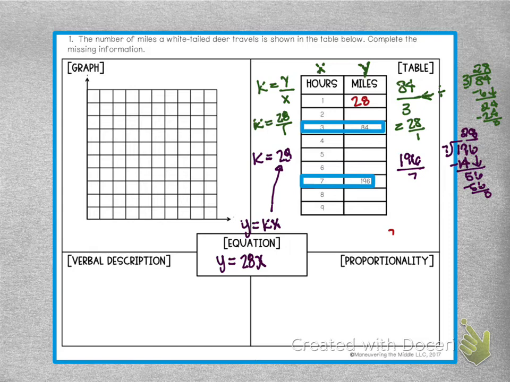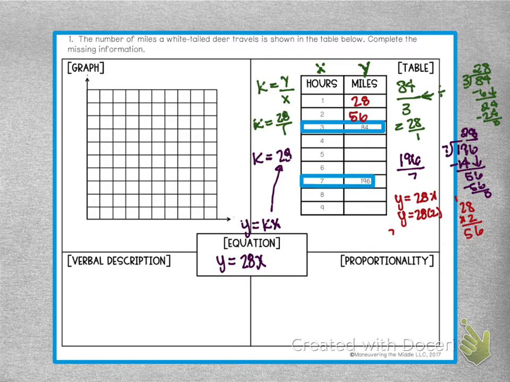And then y equals kx. Let's go ahead and write the 28. Y equals 28x. Let's see when it's 2 hours. That would be 28 times 2. That's 56.